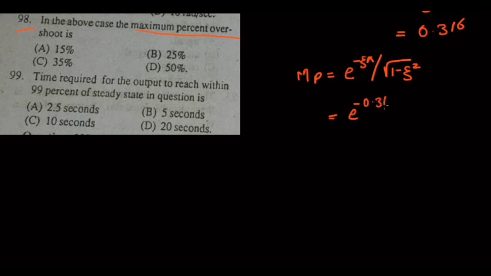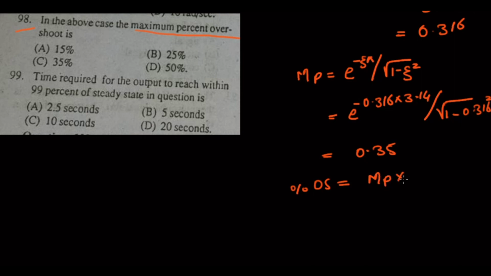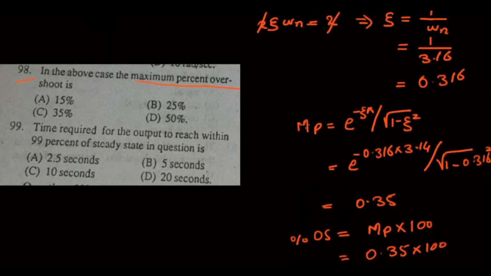Let's put the value of zeta, which is 0.316, and the value of pi is 3.14, divided by square root of 1 minus 0.316 square. By calculating these values, we get 0.35. Now the percent overshoot will be Mp multiplied by 100. So 0.35 into 100 gives 35%. So the peak overshoot is 35%.